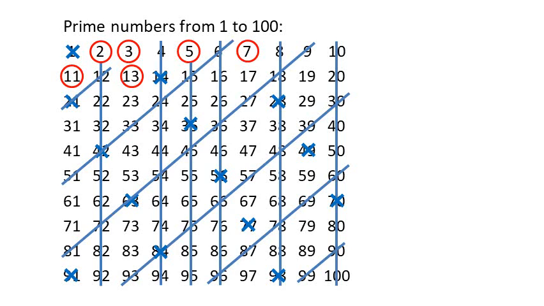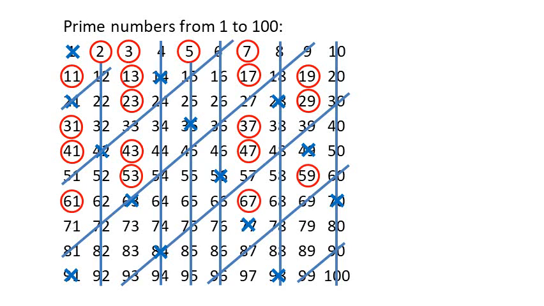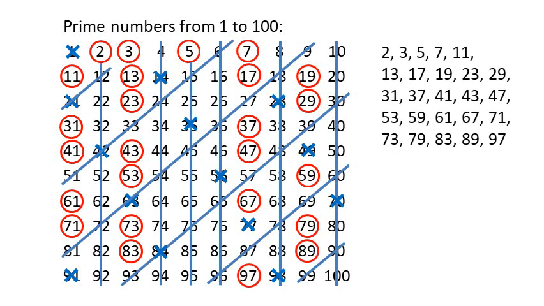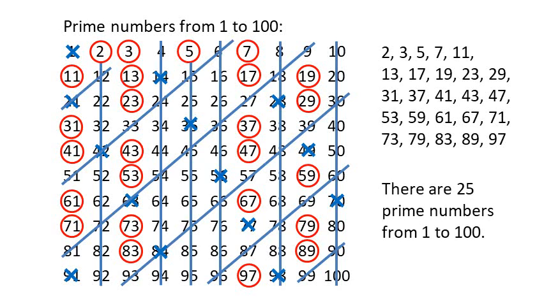So whatever is left are the prime numbers up to 100, which are 17, 19, 23, 29, 31, 37, 41, 43, 47, 53, 59, 61, 67, 71, 73, 79, 83, 89, 97. There are 25 prime numbers from 1 to 100.